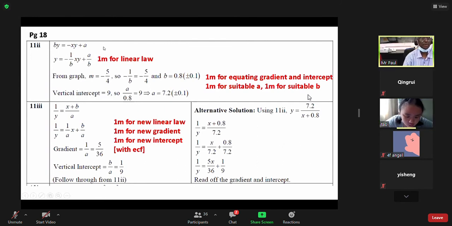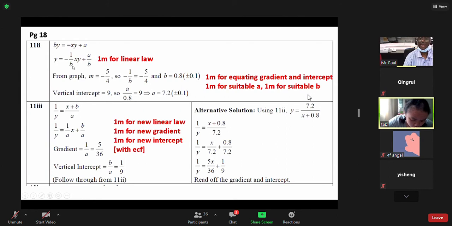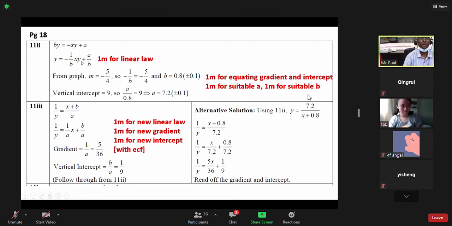Try, Clarissa, cross multiply. You should get that. So the first step, Clarissa, is to cross multiply. You try. You cross multiply, then you move over. You should get this, Clarissa. Yeah, if you don't cross multiply, then you can't make that. You won't get this. Then once you don't get that, this question is gone. Okay, so you need to do cross multiply first.